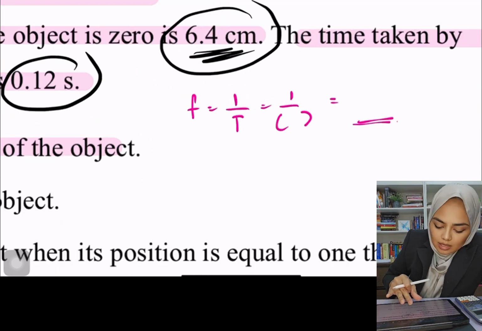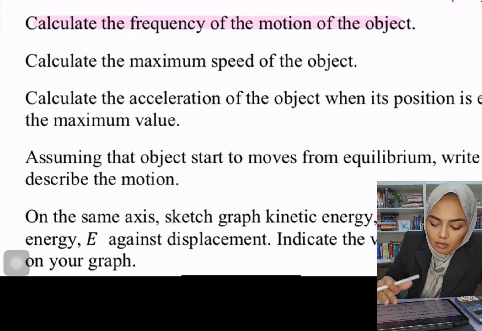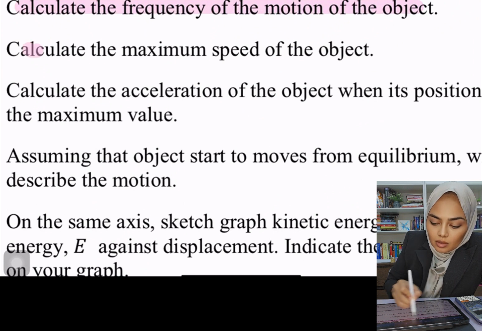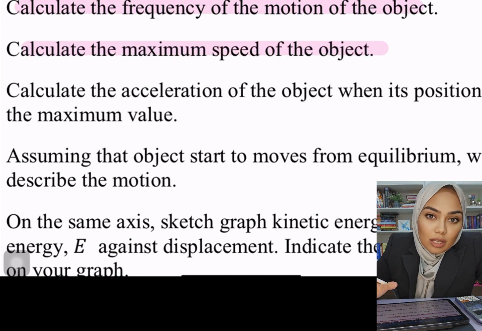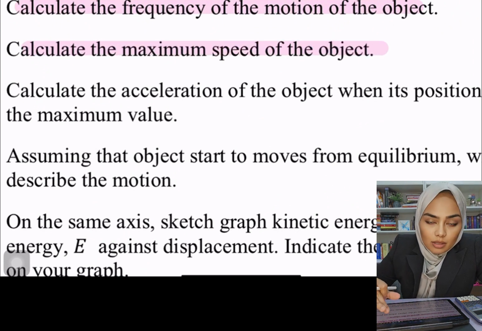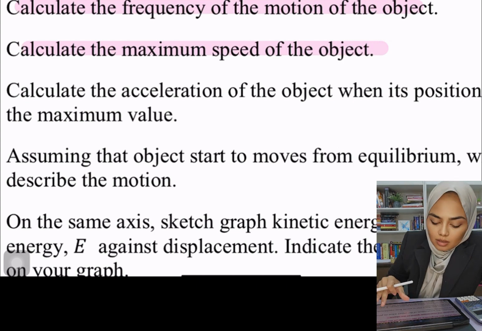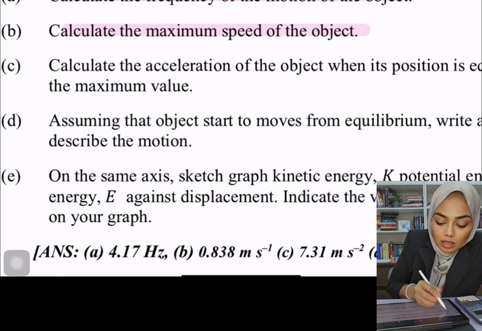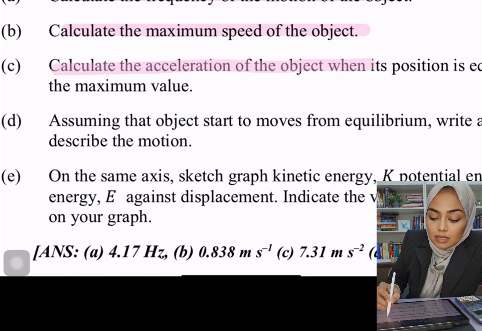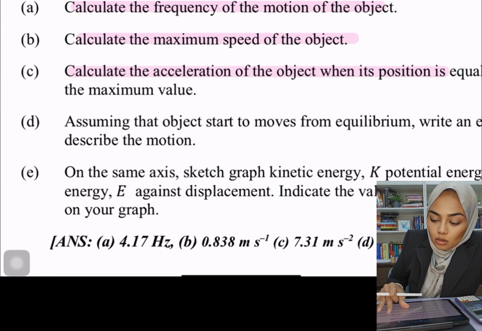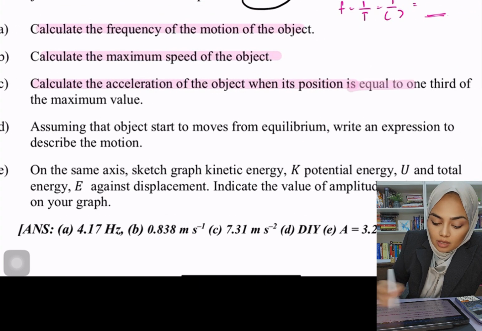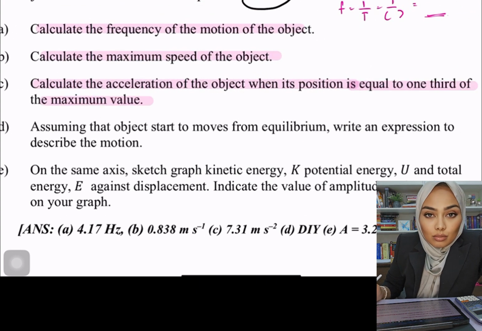Okay, right, the next question dia kata calculate the maximum speed of the object. I believe that you can do this yourself, no problem. I don't have to show it to you, just use the equation given in the notes. Okay, question C, also you can do it yourself. Calculate the acceleration of the object when the displacement is equal to 1/3 of the maximum value.